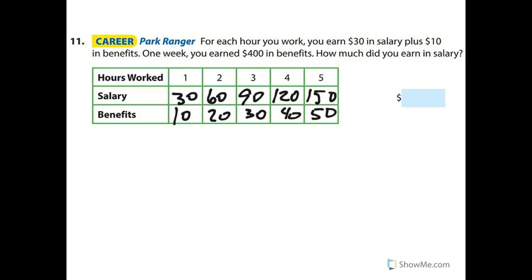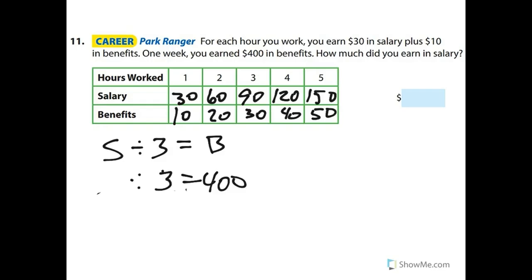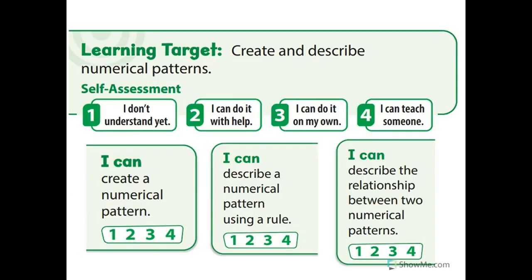What are we doing? We're taking salary and dividing it by 3 to get our benefits. So if you earned $400 in benefits, what are we doing there? Yeah, 4 times 3, we're going to have 12 with 2 zeros. 1,200 divided by 3 is 400, so 1,200.